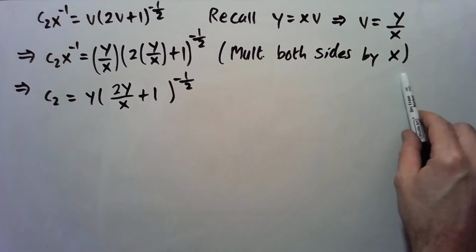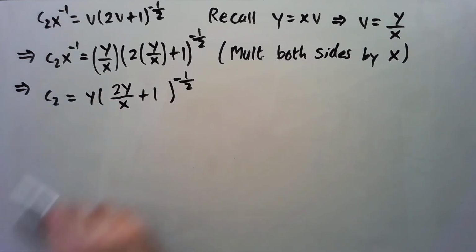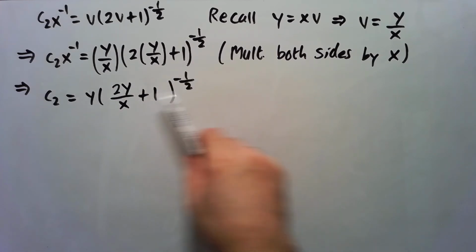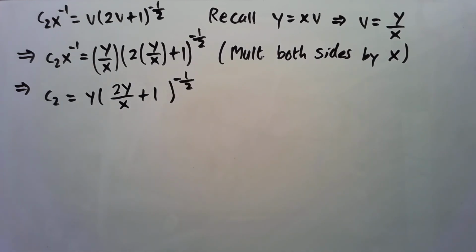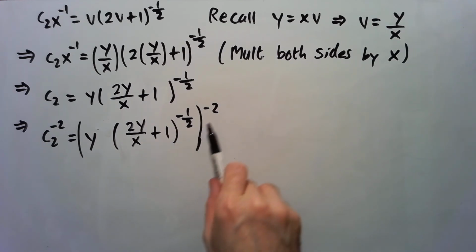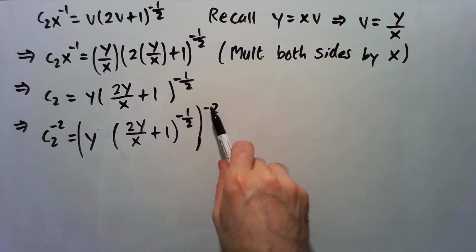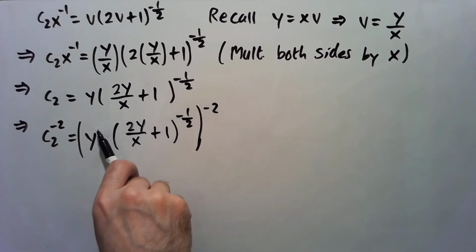Multiplying both sides by x, it would cancel here, be x to the 0, so just c2 on this side. Multiplying this side by x, the x's would cancel here. Now let's raise both sides to the minus 2 power. This minus 2, multiplied with that minus 1/2, becomes 1 there, and minus 2 will also be applied to the y.